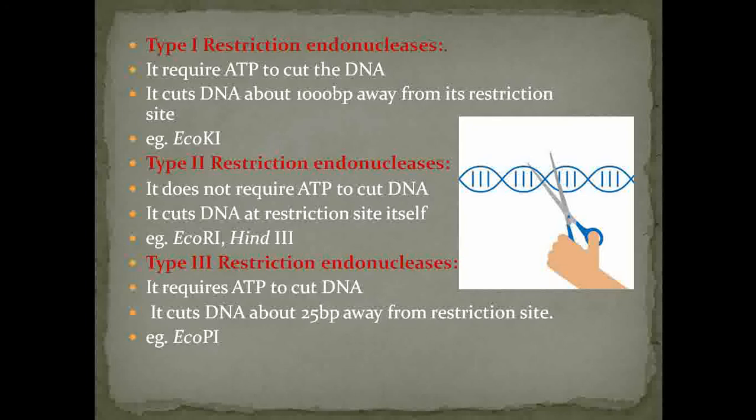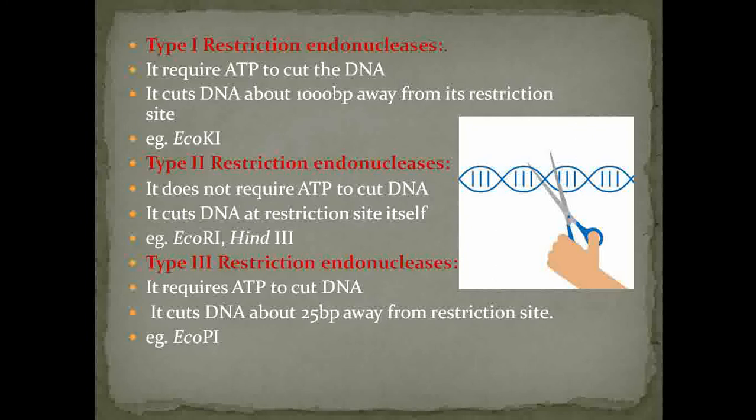The second type of restriction endonucleases is the most important, and basically for rDNA technology we use type two restriction endonucleases. This endonuclease does not require ATP to cut the DNA, and it cuts the DNA at its restriction sites.